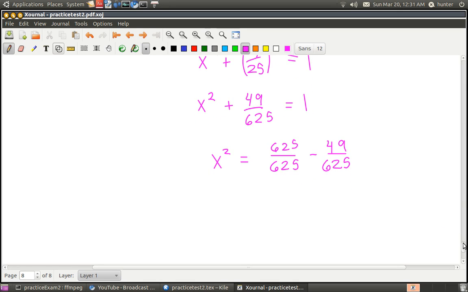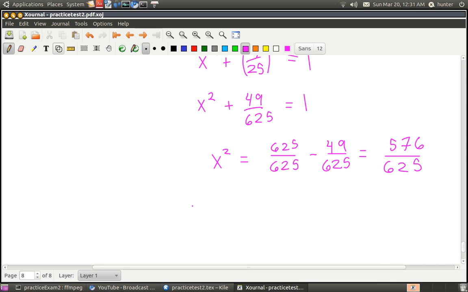And what does that turn out to be? I think I did this in my notes. Yeah, this turns out to be 576 over 625.